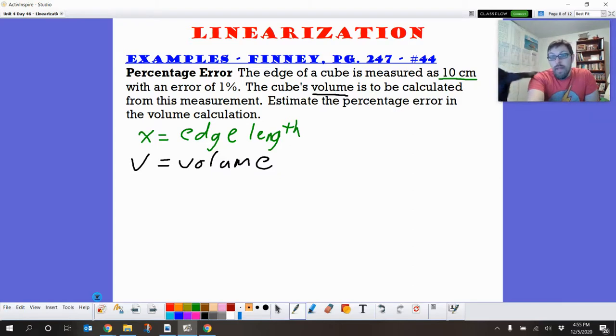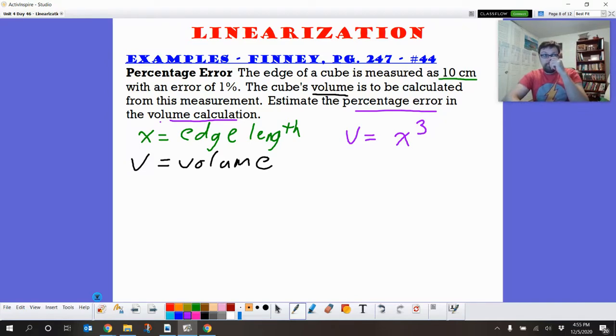Okay. So it's talking about percentage error and volume calculation. So we should probably also have an equation for volume calculation. So our volume of any cube is going to be x cubed. Now, there is a percentage error. This percentage error is talking about what can happen with that x value.